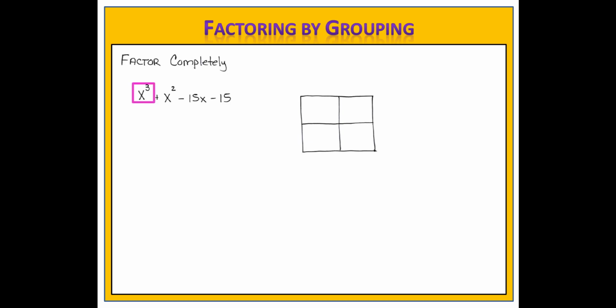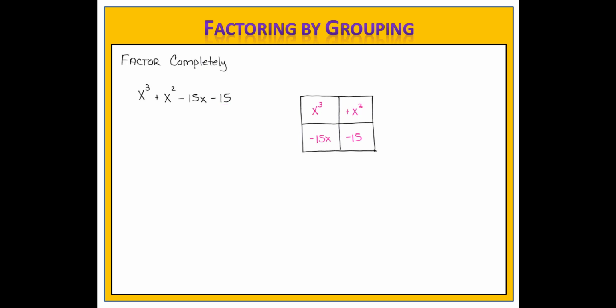The first term is x to the third, so in the first box I write x to the third. The second term is x to the second, so in the second box I write plus x to the second. Now I go down. The third term is minus 15x, so I write minus 15x in the third space. The last term is minus 15, and so I write minus 15 in the final box.